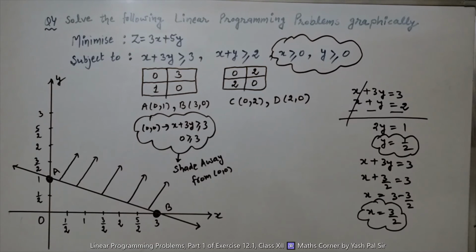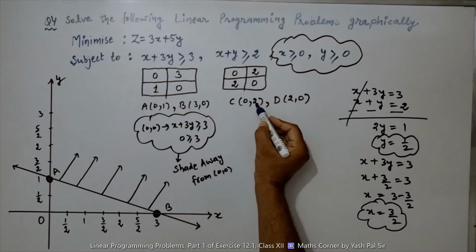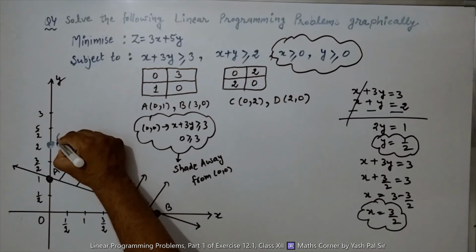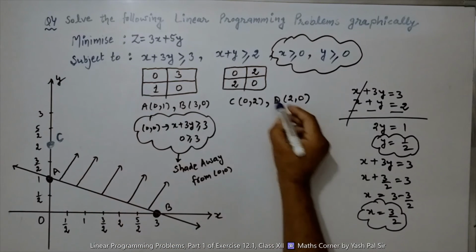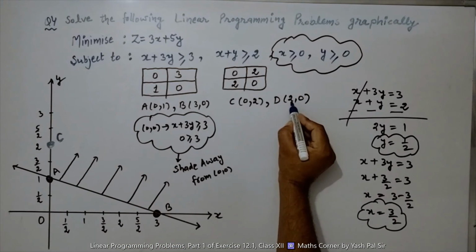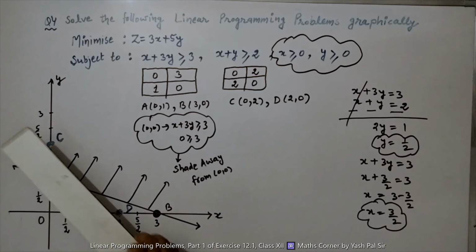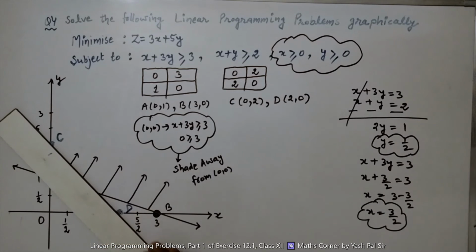Now taking second inequality, first point is x 0, y is 2. So this is the point C. Next one is D point, x is 2, y is 0. So this is the next point, D point. Right? So we join these two points.